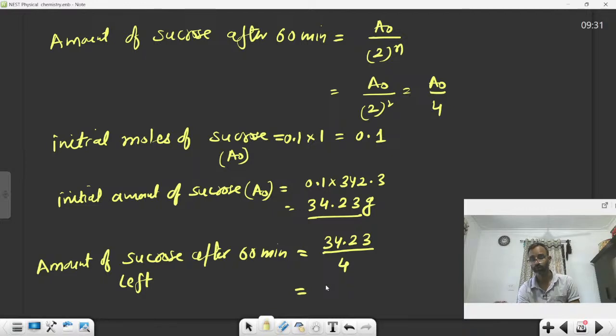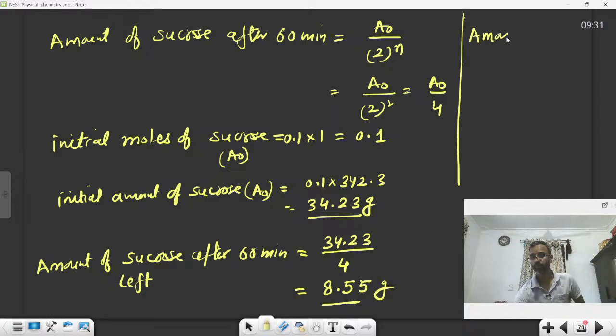So the amount left after 60 minutes is almost 8.55. So the amount of sucrose hydrolyzed is equal to the initial 34.23 minus 8.55.